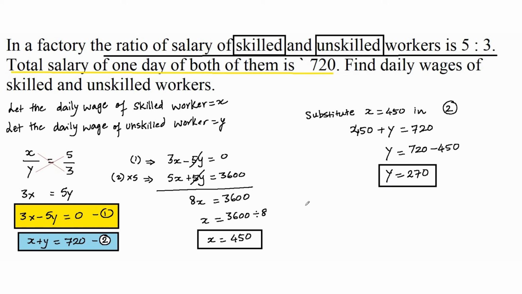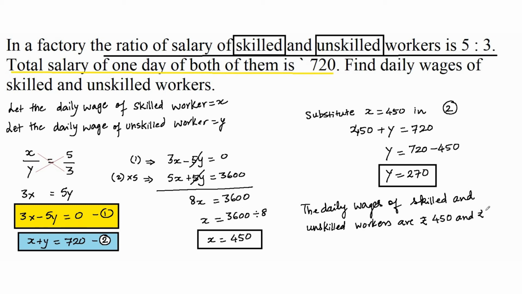So in the statement I can say the daily wages of the skilled and unskilled workers are rupees 450 and rupees 270 respectively, right? So this is how I can solve this particular question. Again, let me pause for a couple of minutes and then we will continue with the next one.